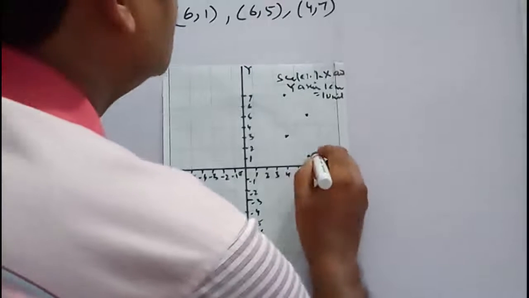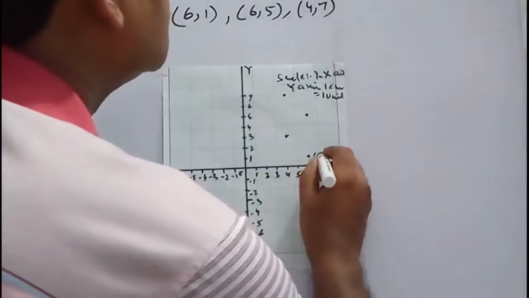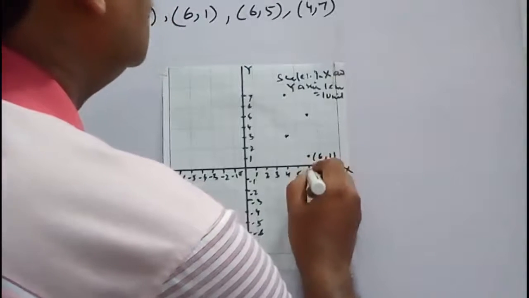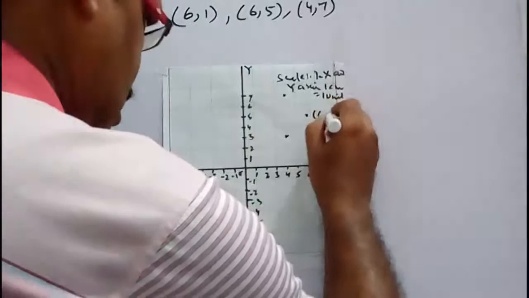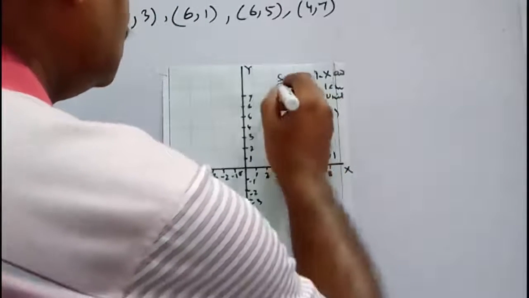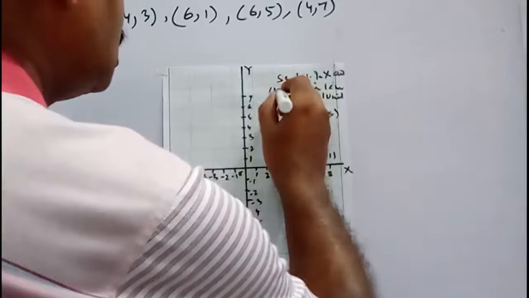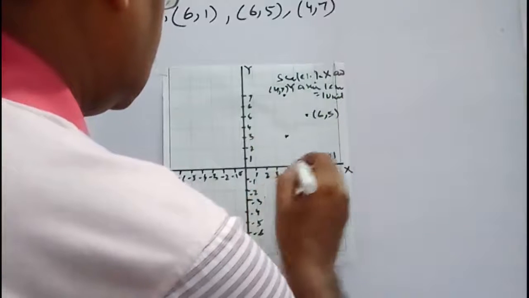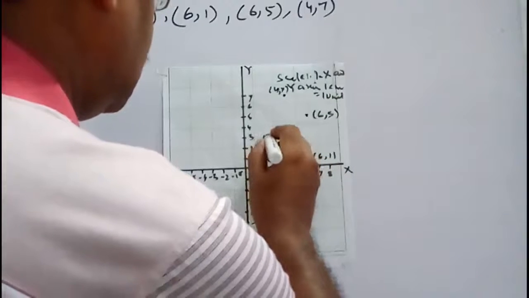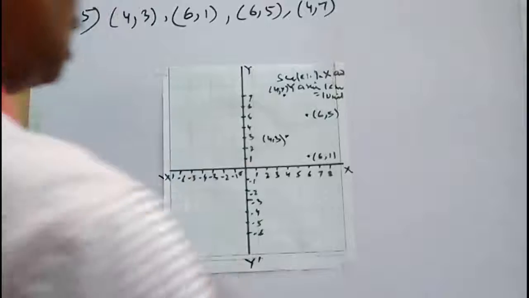Besides that point, you mention 6, 1, 6, 5, 4, 7, 4, 3.